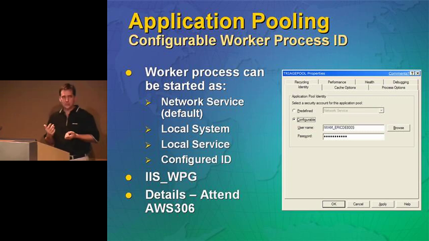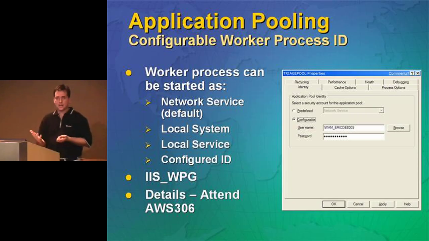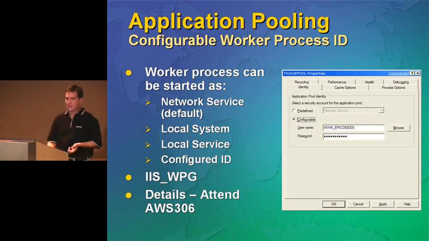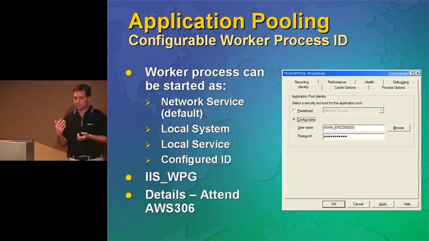So it's important to consider the privileges that you give to the base identity of this process. By default, it's going to be the network service account, which is a very low privileged service account that comes with .NET Server. You can also assign it a predefined account such as local system, which is high privileged, or local service, or you can configure your own ID and place it in there.